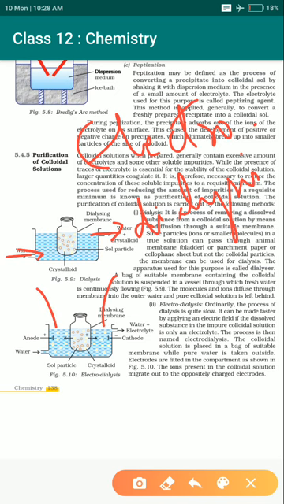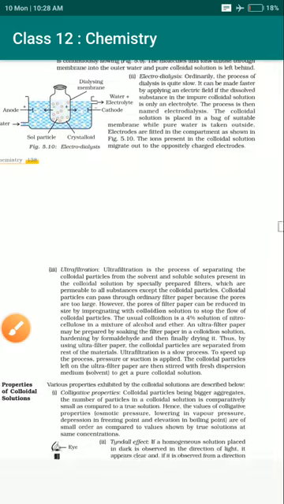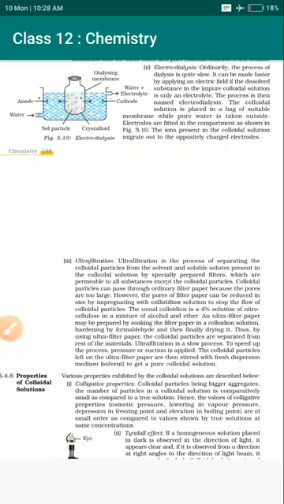The colloidal solution will be present in the membrane. The ions present in the solution, positive or negative, will move towards the electrodes, and the colloid will stay inside this structure. The remaining will be present in the membrane. That's what electrodialysis is.